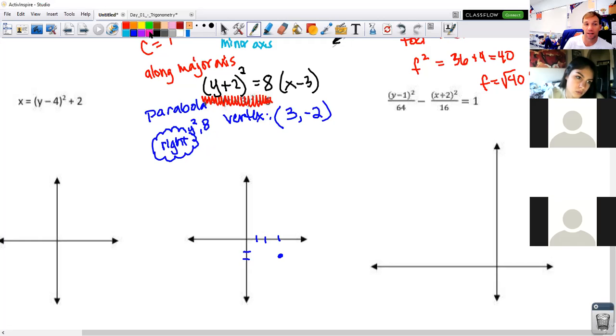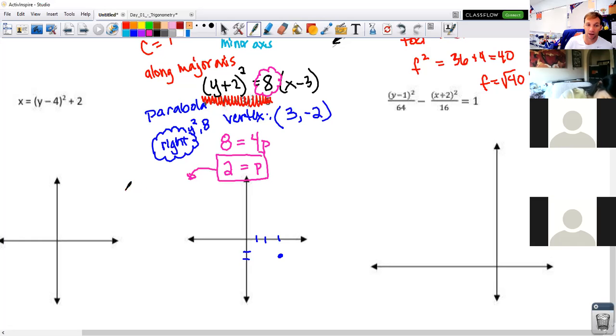So what we have to do is calculate the focus. We take whatever number is outside of your parenthesis here and set it equal to 4p. So p equals 2. That tells us your focus is 2 units away from your vertex.